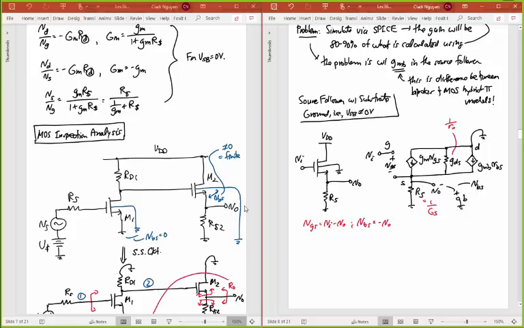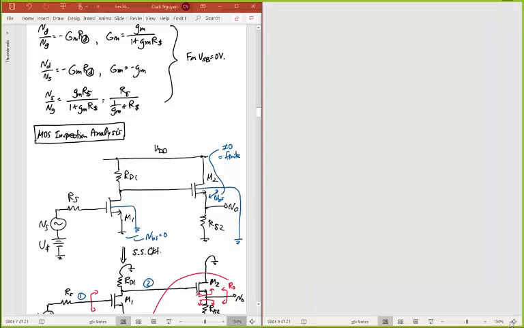Okay, so with this backdrop, I can now just write some equations here. Right away I can write that gm times that vgs, so that's going to be gm times (vi minus vo). That's this current running through here, and it's going to be equal to the current going through RS, and the current going through GDS, and the current going through this gmb right here. I'm going to say that it's equal to all those currents, because all the currents going into this node have to be equal.